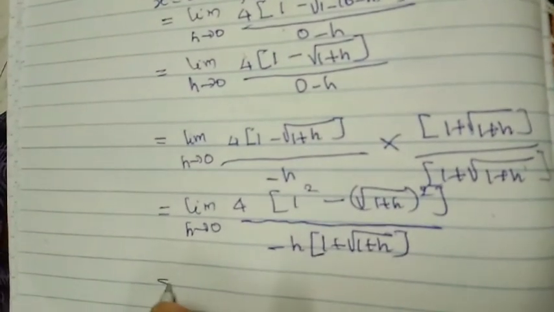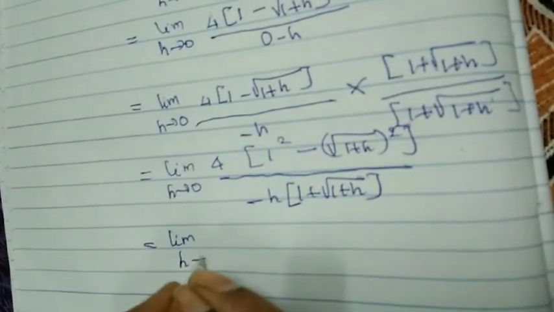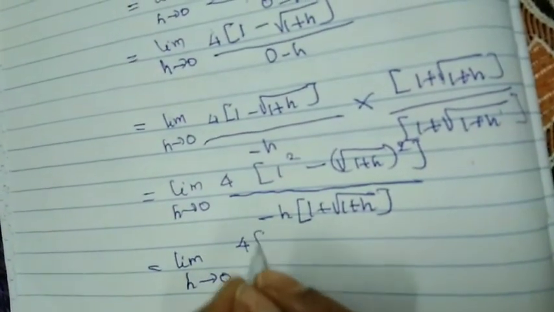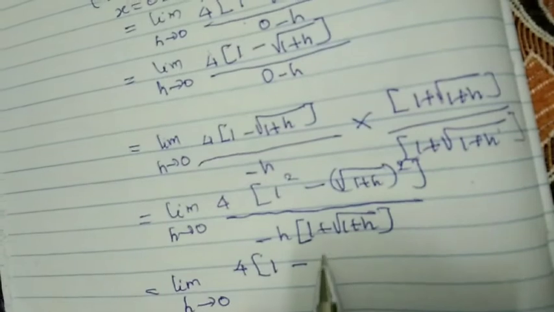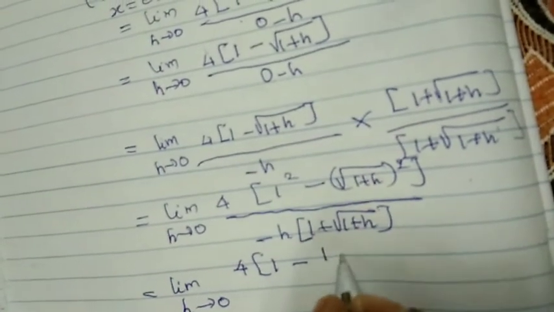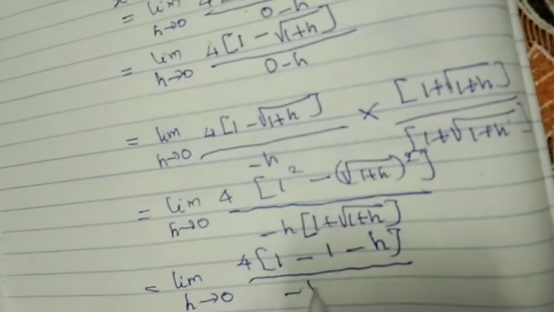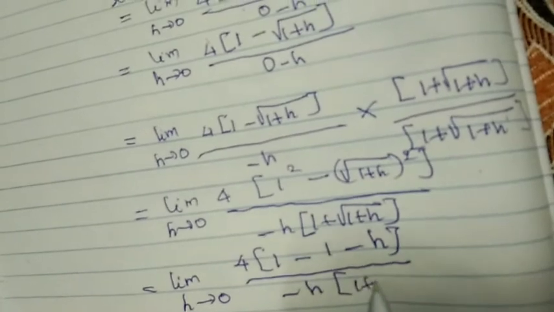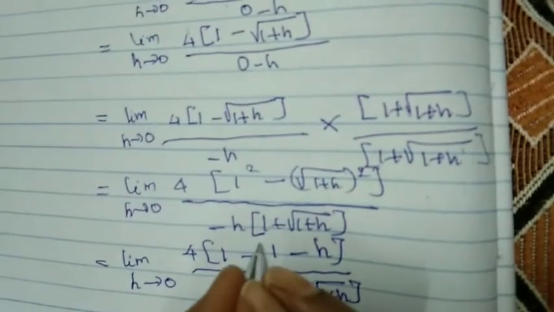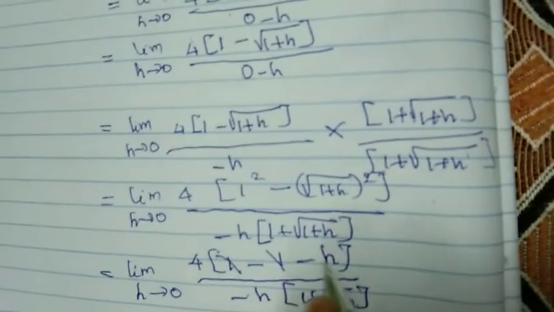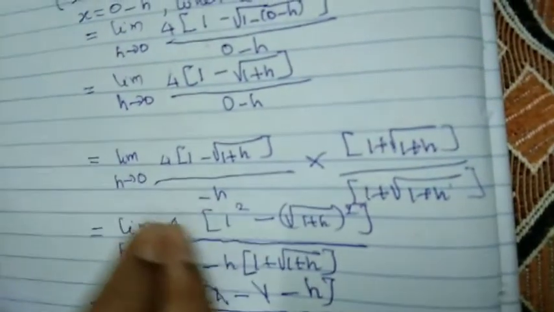Then the square and root cancel, so this becomes 4 into (1 minus 1 minus h) by minus h into (1 plus root of 1 plus h). The simplification is over, and you know very well that minus 1 and plus 1 get cancelled. So the numerator is minus 4h and the denominator is this.